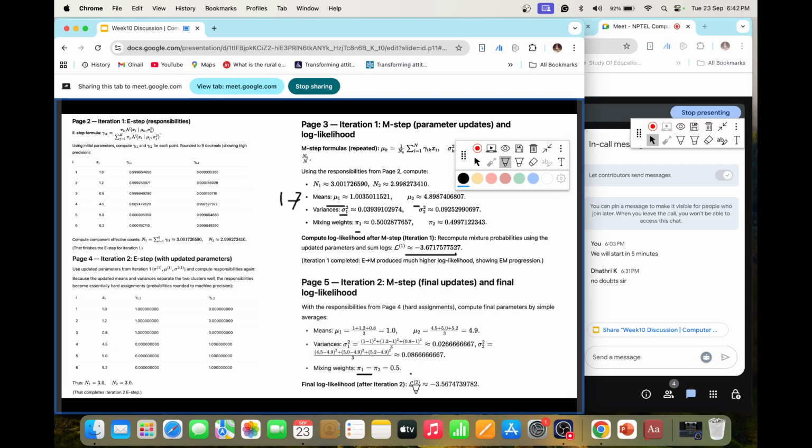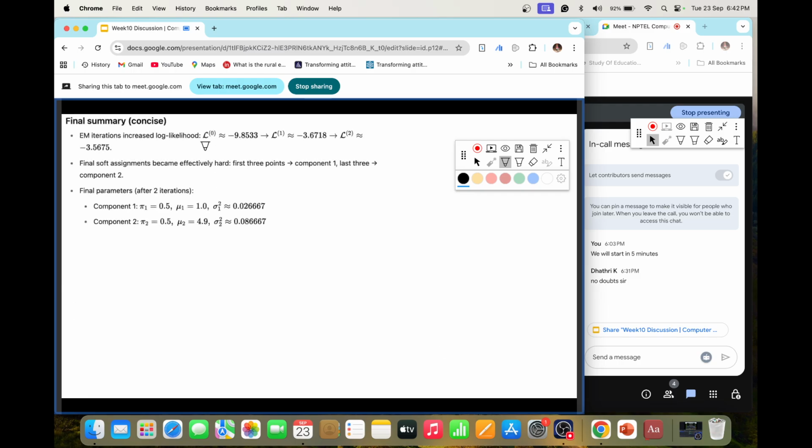Now this is L2, or the likelihood in the second iteration. You can clearly see that L0, the likelihood in the 0th iteration, is coming this, the likelihood in the second iteration is coming this, and the likelihood in the third iteration is coming this. That means the likelihood is increasing when we change the parameters pi1, mu1, and sigma 1, or pi2, mu2, and sigma 2. So this is known as the EM algorithm, or expectation maximization algorithm, for this GMM clustering.